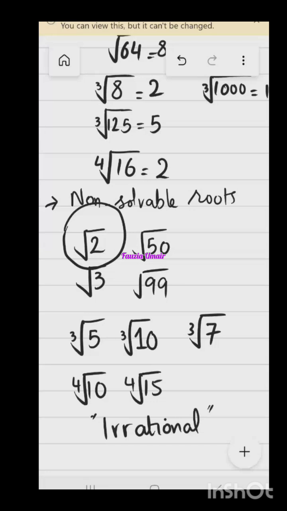Before this, there was the concept that there are irrational numbers which cannot be represented accurately by a fraction, but no mathematician was able to figure out the number itself, right?